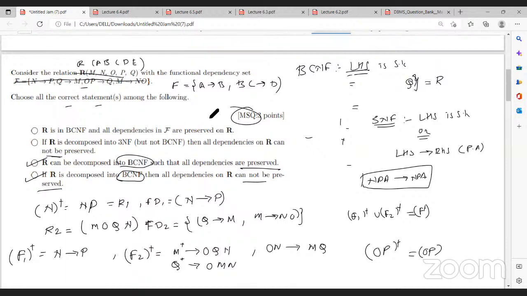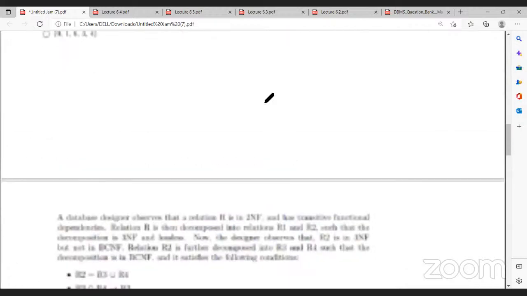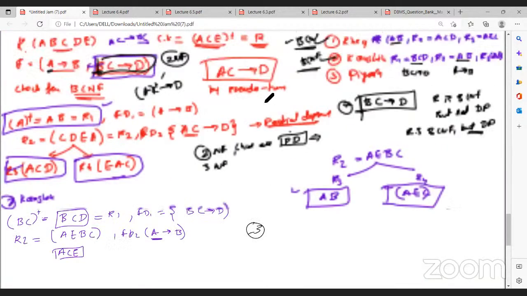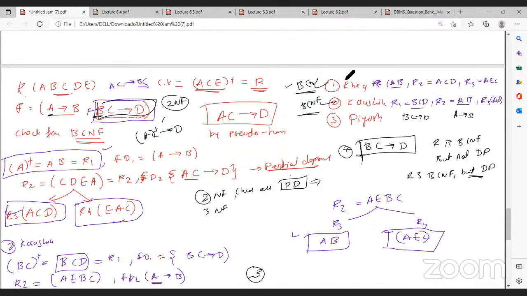Yes, sir. Sir, in that example where you had found the pseudo transitivity, that is really just F2 plus, right? That's what we are trying to do. We are calculating F2 plus. Yeah, FD2 plus is what is giving you AC determines D. From pseudo transitivity, right?